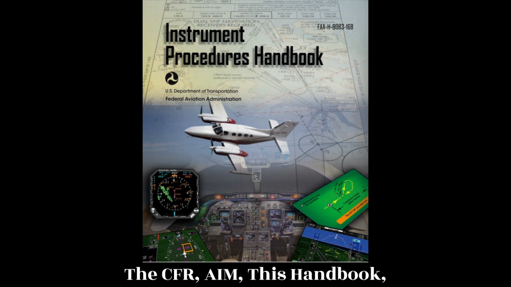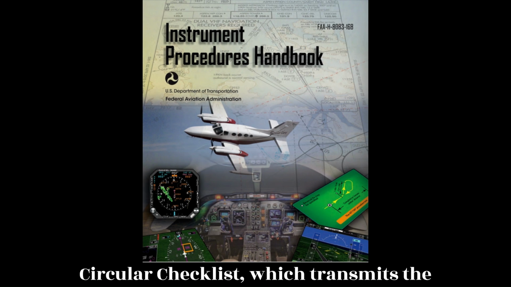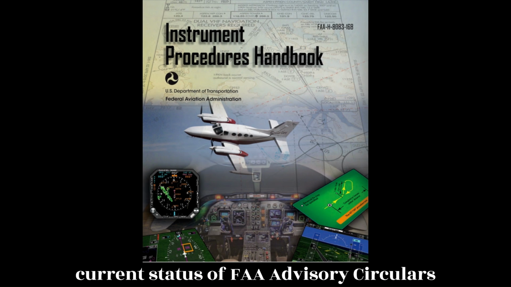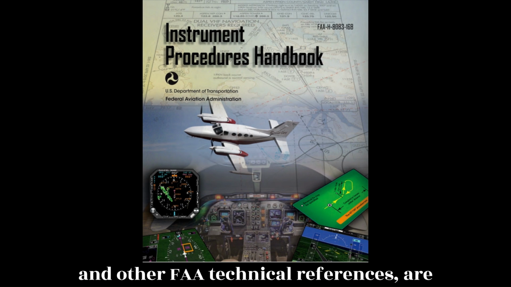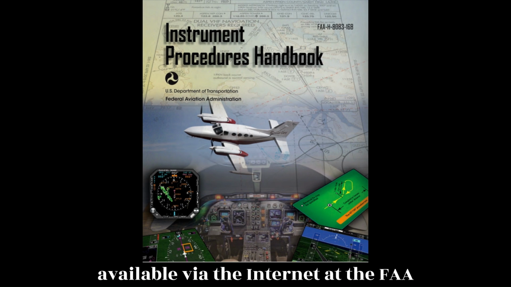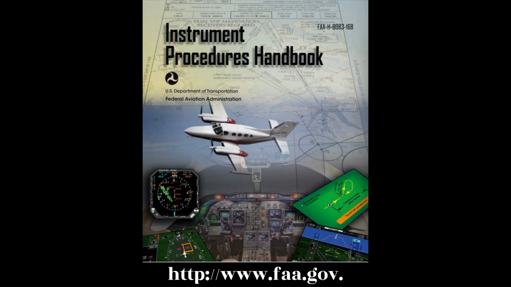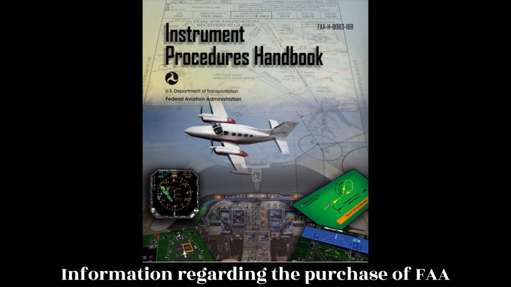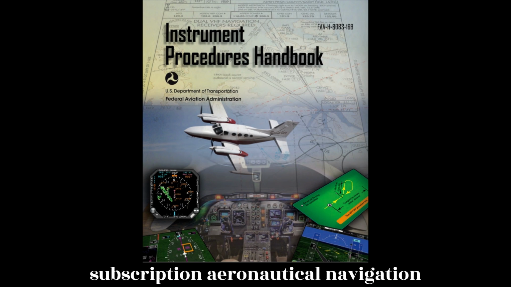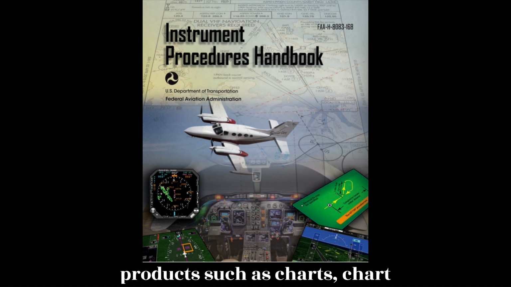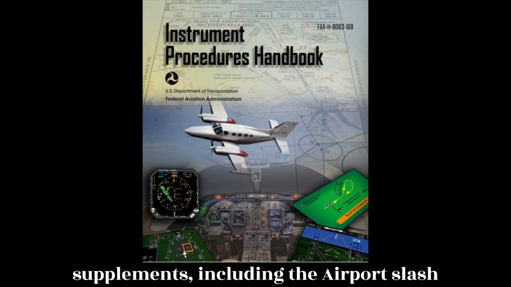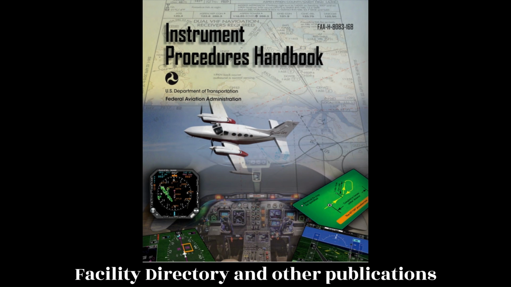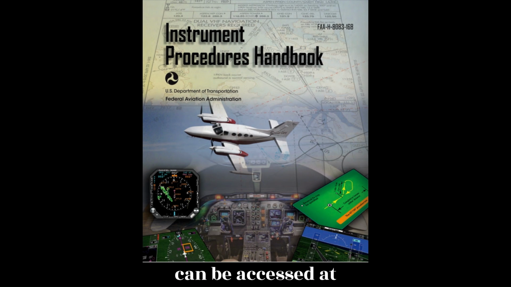The CFR, AIM, this handbook, AC 00-2.15, Advisory Circular Checklist, which transmits the current status of FAA advisory circulars, and other FAA technical references are available via the internet at the FAA homepage, http://www.faa.gov. Information regarding the purchase of FAA subscription aeronautical navigation products, such as charts, chart supplements, including the airport/facility directory, and other publications can be accessed at http://FAAcharts.faa.gov.